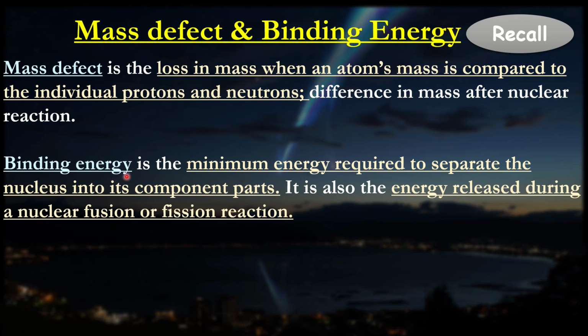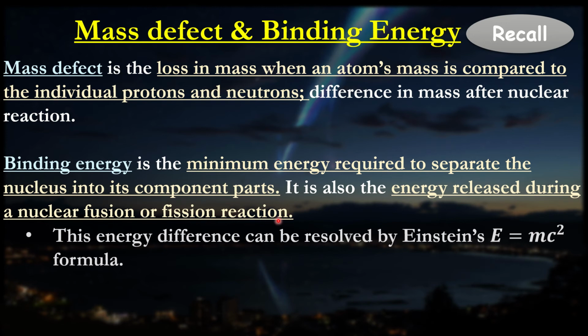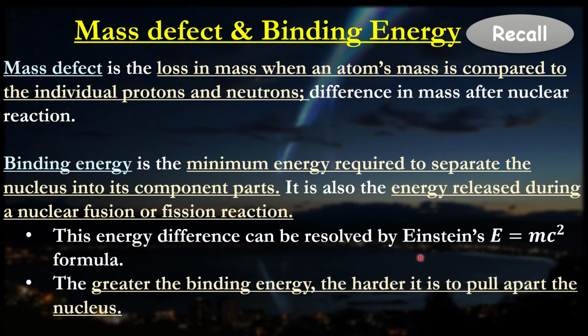The reason is that binding energy has been taken apart, which is the energy to separate the nucleus into its components. It is also the energy released in a nuclear fusion or fission reaction. And the reason we can say energy and mass are equivalent is thanks to Einstein's famous formula.